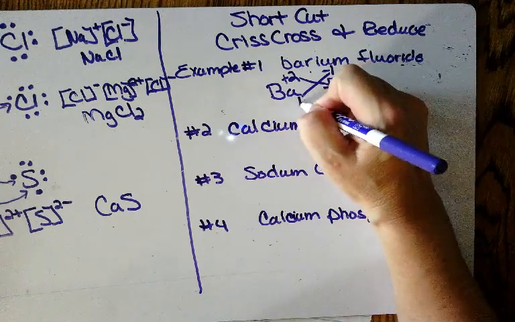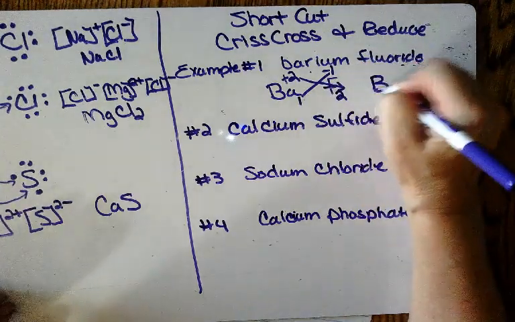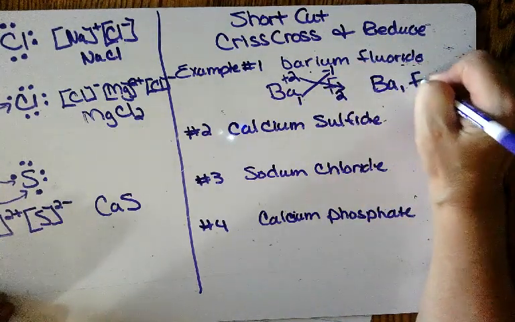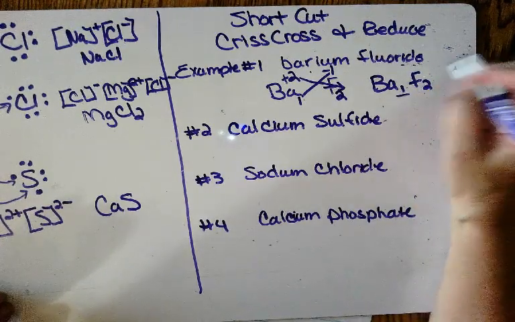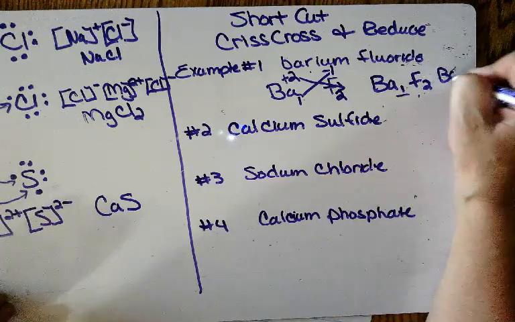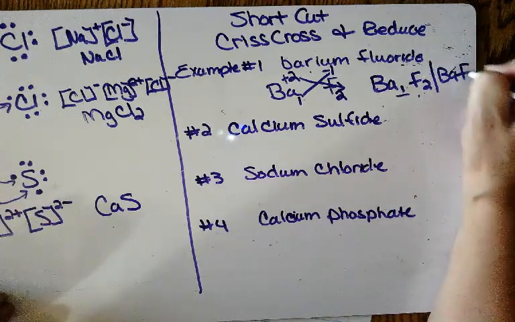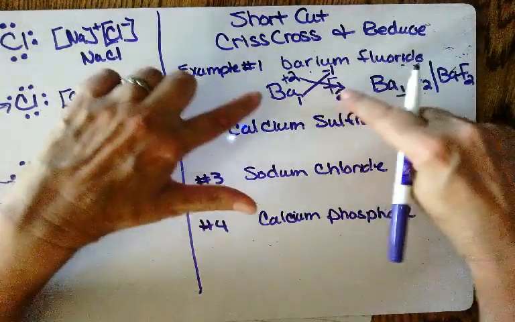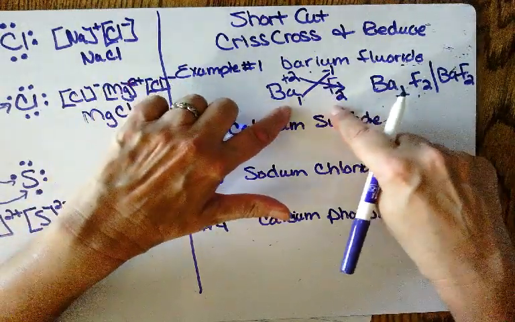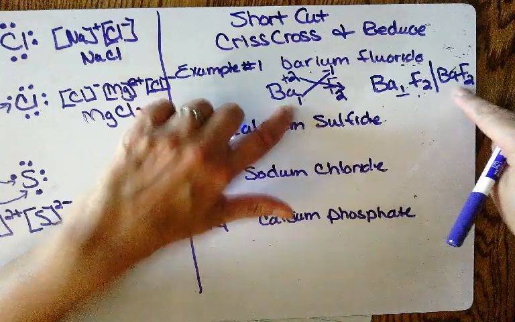So I have barium 1, fluoride 2, but we never write these ones. So it becomes barium fluoride with a 2 there. Okay, and that is the crisscross method. You need to show me your atoms, you need to show me the crisscross, and then write the correct formula.